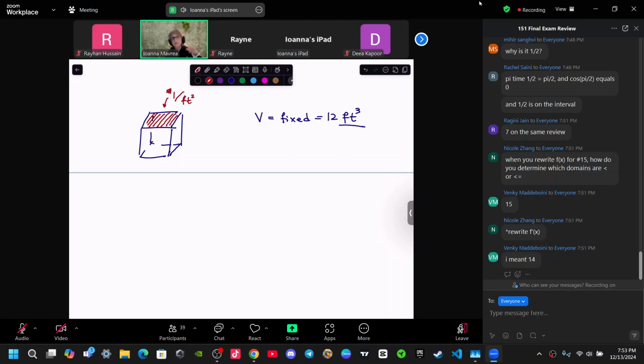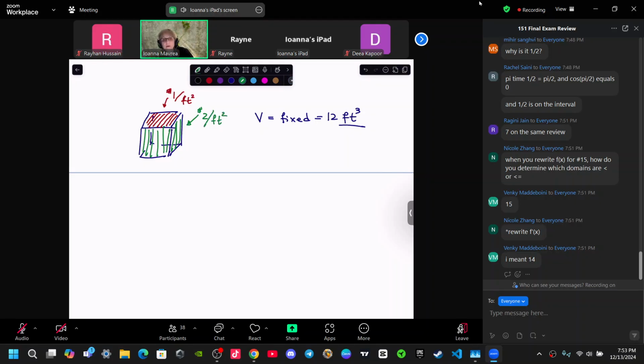If the top is, let's say, 20 square feet, it will cost you $20. If it's a half square foot, then it costs you a half times 1. So it doesn't say the top costs $1, it costs $1 per square foot. The sides cost $2 per square foot. So all the sides here, $2 per square foot.